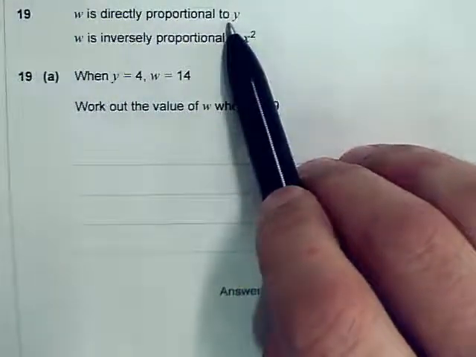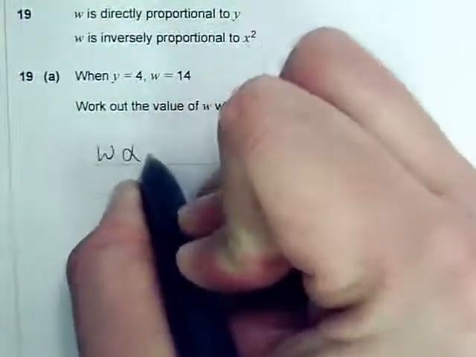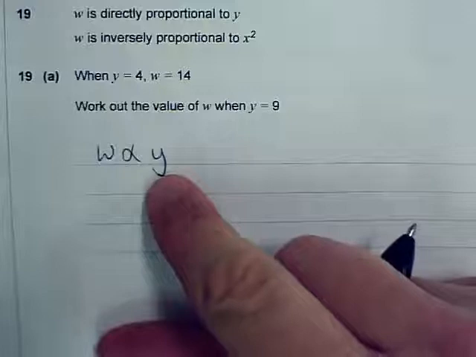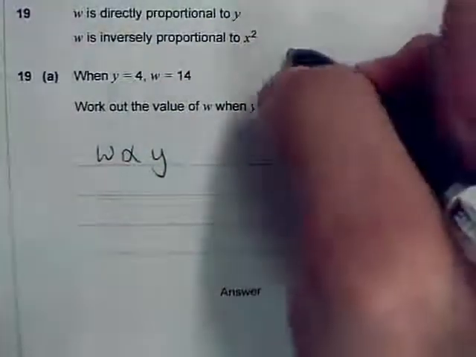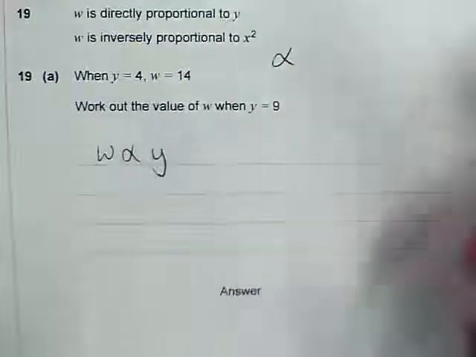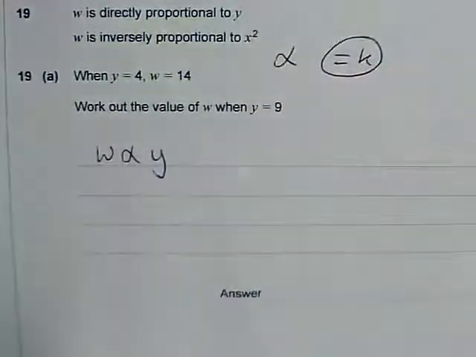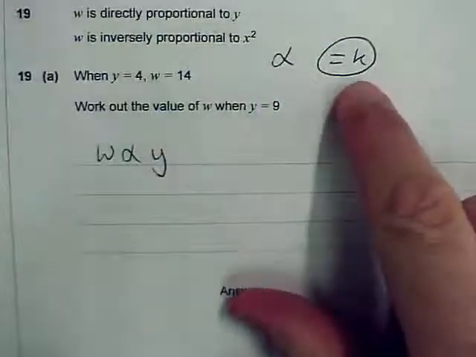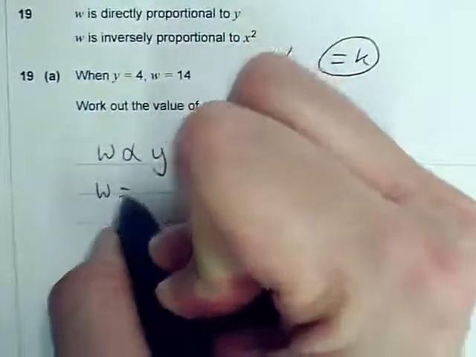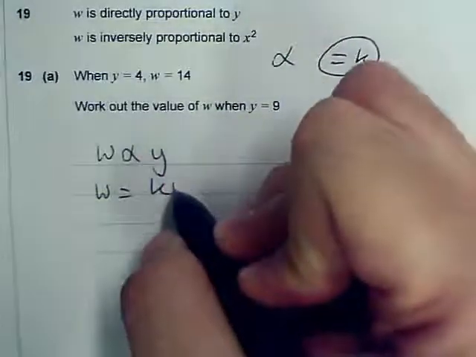We're told that W is directly proportional to Y. So when two variables are directly proportional, we write it like this: W is directly proportional to Y. What you can remember is that this symbol, which means directly proportional to, you can replace with equals K. If you remember that, it helps you with the next part of this question. So I can say W equals K, replacing that with equals K, Y.